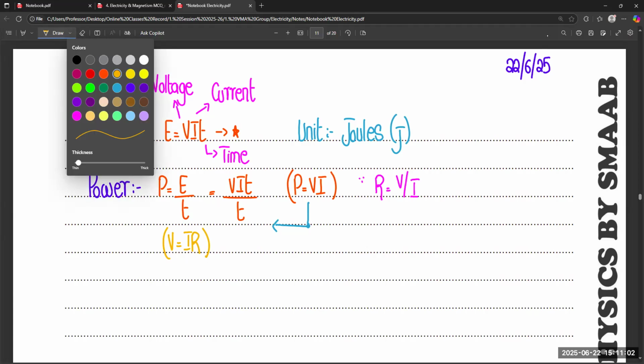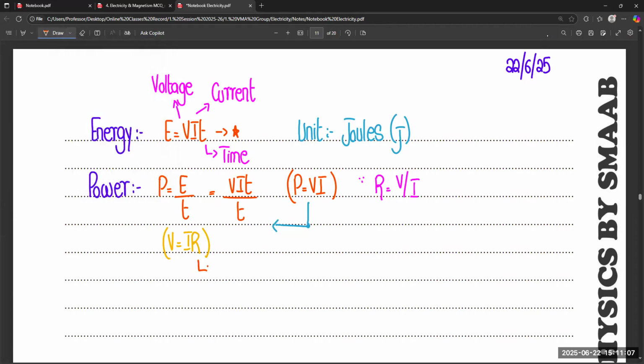So the formula of power will be equals to, in the place of V, we substitute IR into I. It becomes I square R, right?